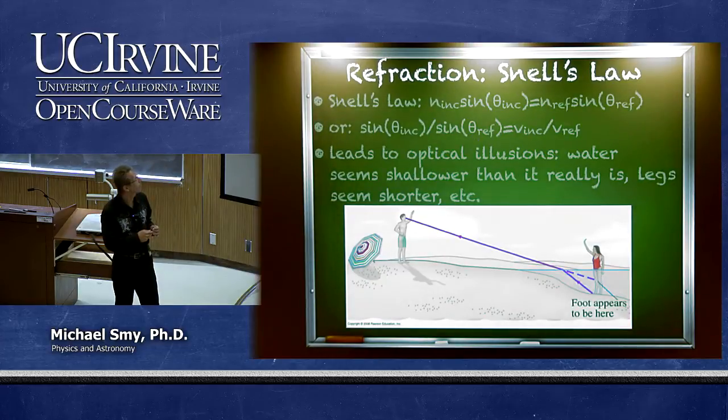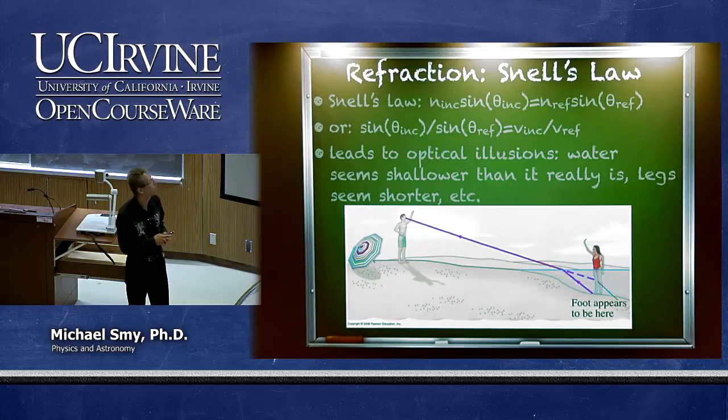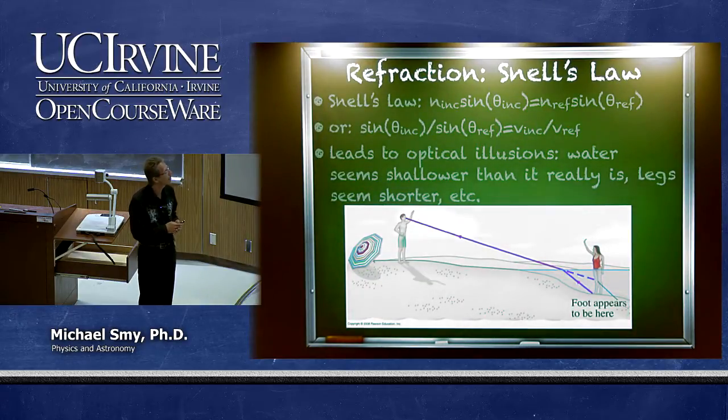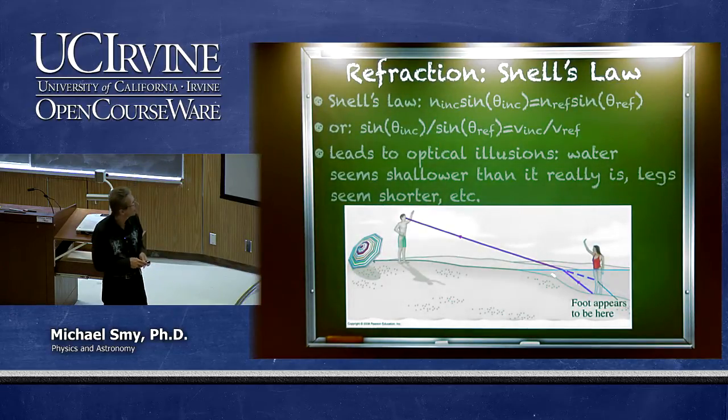This law leads to a bunch of optical illusions in water, for example. If you watch somebody else's legs who is halfway in the water, the legs seem way too short. The reason is you assume that light travels in a straight path, but in reality a light ray coming from the foot is refracted, so it bends away from the normal.